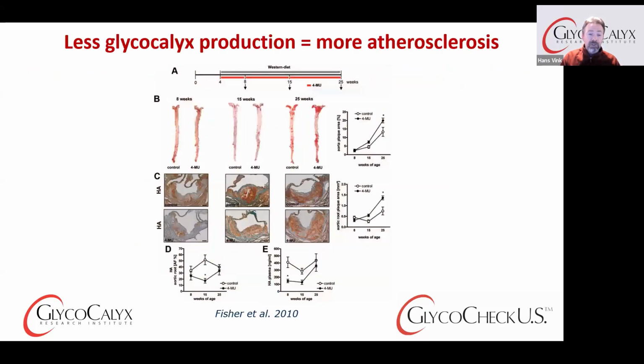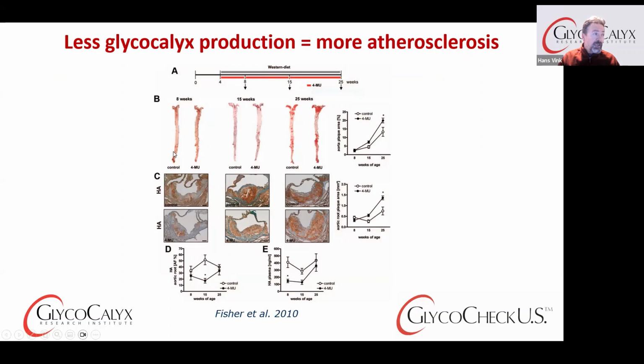Well, another study done by the group of Fisher et al. in 2010 already also confirmed this. If you reduce or impair the production of components of glycocalyx, and in this study they inhibited the production of hyaluronan, an important polysaccharide of glycocalyx, with a drug called 4-MU.